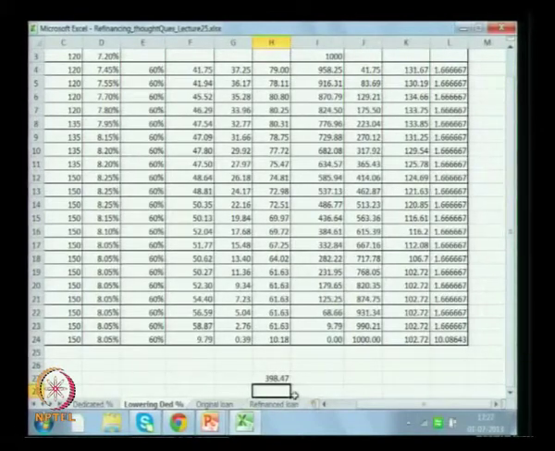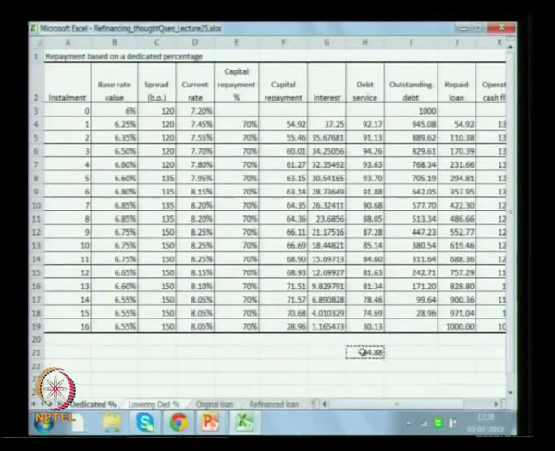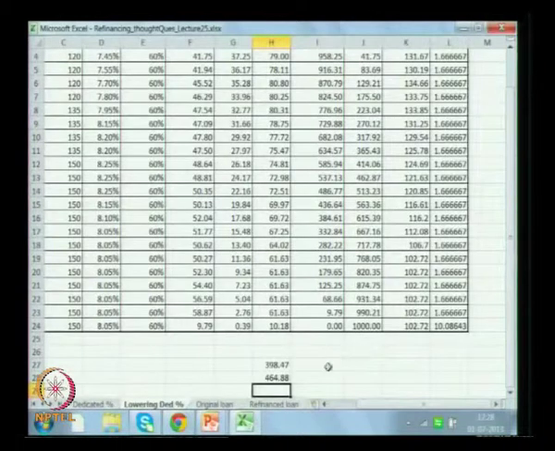398.47. Now when we compare the cash that needs to be there in the debt service reserve account as per the original, which is 464.88, you know there is a difference here, right. When you do a refinancing, the amount of cash that is needed in the reserve account is lower than what it was in the original repayment schedule.